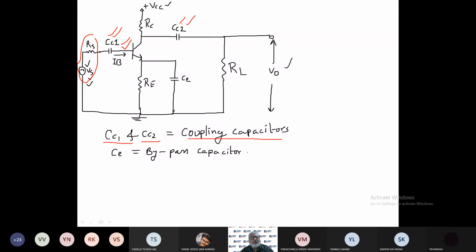CC2 is used to couple the output of a transistor with the load, and CE is used as a bypass capacitor for RE resistor.